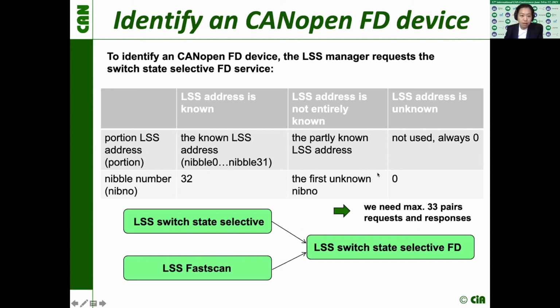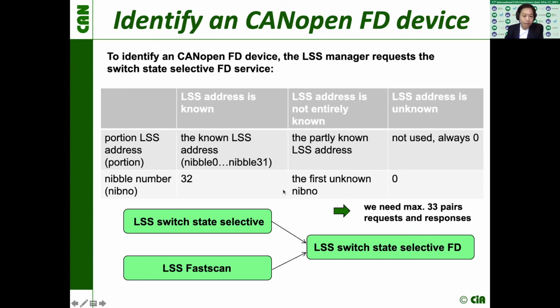For the use case where the LSS address is completely known, we should set the portion LSS address to the known LSS address, that means the value from neighbor 0 to neighbor 31, and the neighbor number should be set to 32. This is the special number to confirm the check of the full 128 bit of the LSS address.